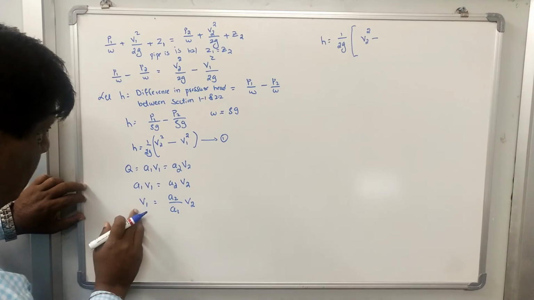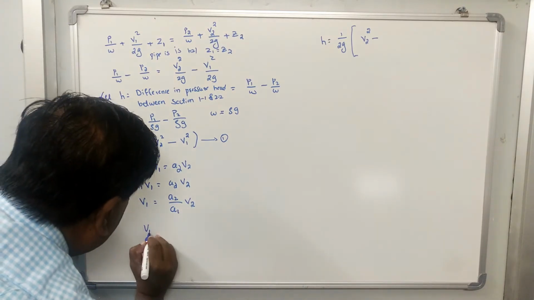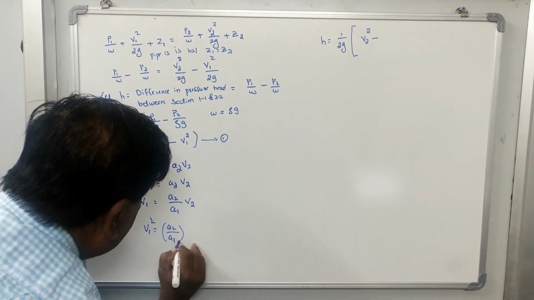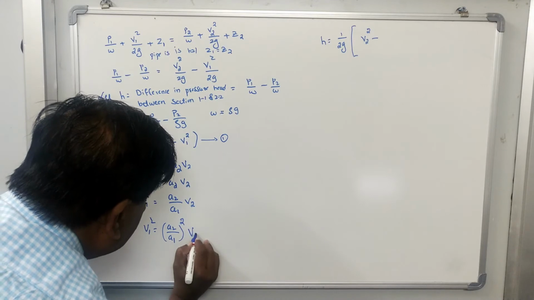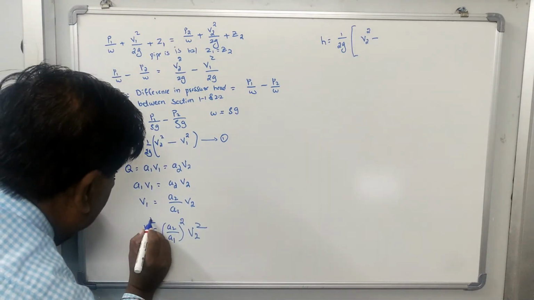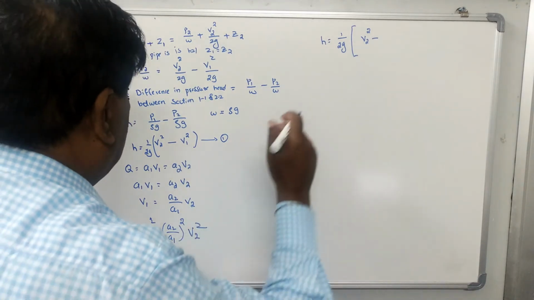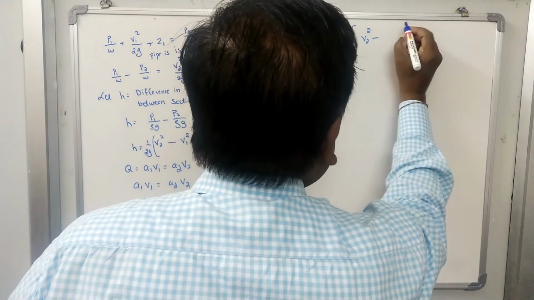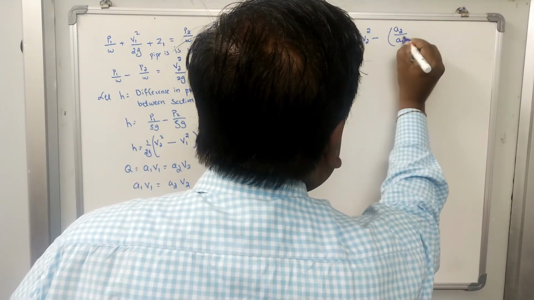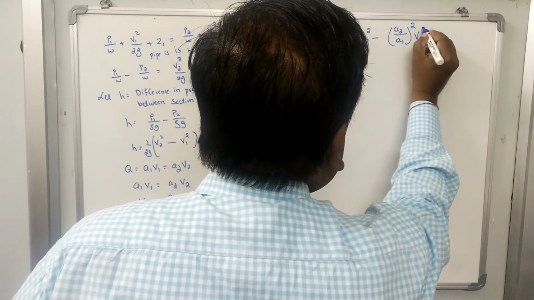V1 is A2 by A1 times V2, so squaring both sides, V1 square is equal to A2 by A1 square times V2 square. Substituting, H is equal to 1 by 2G times the bracket V2 square minus A2 by A1 square multiplied by V2 square.